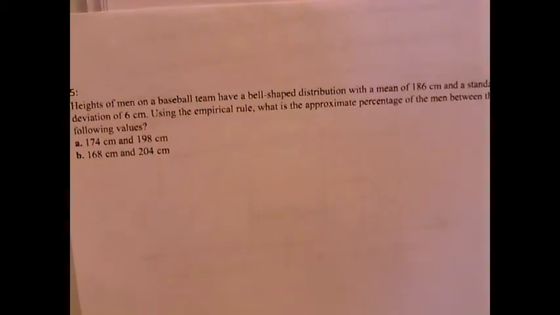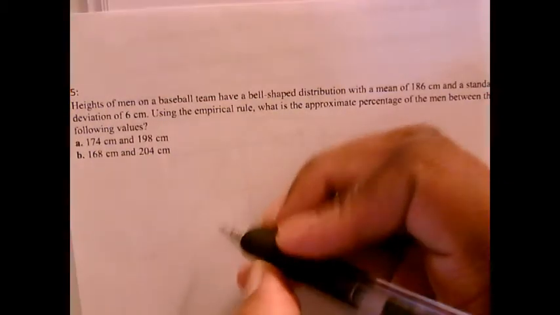Using the empirical rule, what is the approximate percentage of men between the following values? In part A, it says between 174 centimeters and 198 centimeters. Part B is 168 centimeters and 204 centimeters.